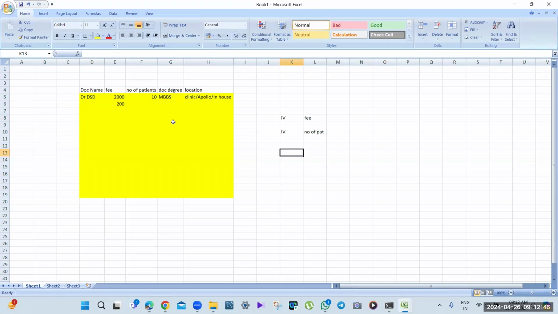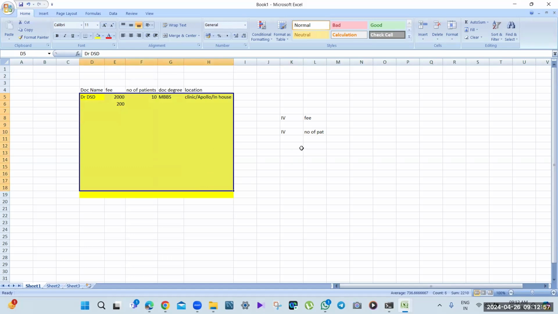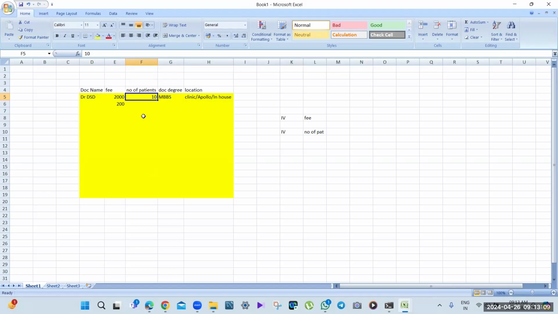There could be two scenarios. Scenario one, we can predict what will be the fee of a doctor based on the existing data. And scenario two, we can predict how many patients a doctor is going to get based on the existing data. So these two are examples of regression analysis, right?